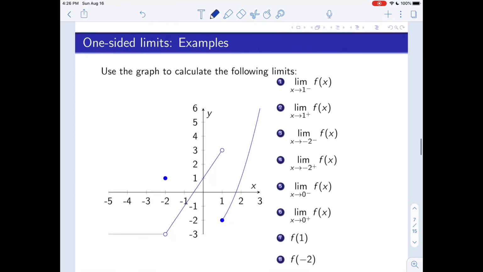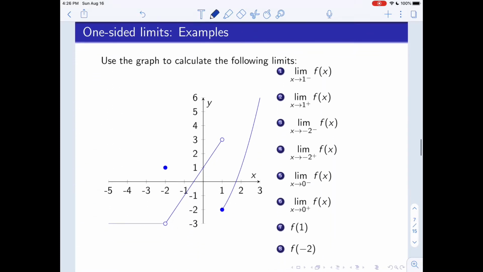So let's see if we can read some one-sided limits off of a graph. This will be very much like what we did in section 1.1, except that we're going to read left and right limits for each point. So I'll do a little highlighting to kind of keep up with where we are. For number 1, it asks for the limit as x approaches 1 from the left.